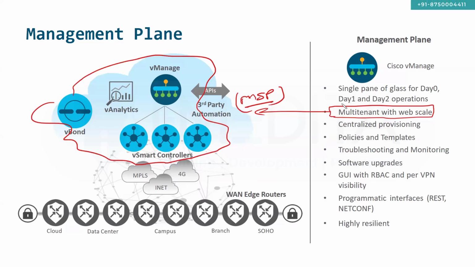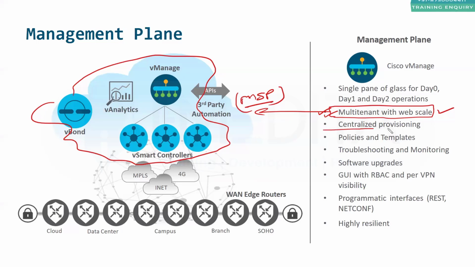So if the customer doesn't have that much budget to spend on the control components, then they can opt for multi-tenancy. MSPs can offer multi-tenancy. They can ask the customer, would it be possible for you to utilize the shared vManage? If they agree on that, then you can have your customers deployed in multi-tenancy. So in that case, you will utilize a single vManage for multiple customers.